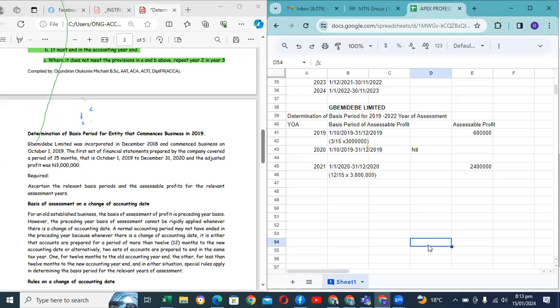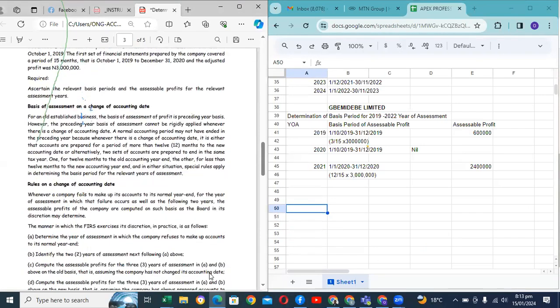And number four could be for other financial or economic decisions, right? For any of the reasons, the taxpayer has the liberty to change its accounting date, only that it has to inform the tax authority that it wants to change the accounting date. Is that clear? Yes, sir.